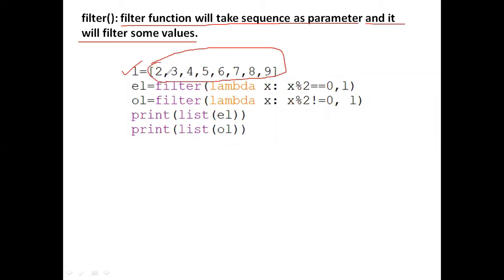These are the values we assign to a list L. Now I want to filter all the even numbers in a list and all the odd numbers in a list. How? By using filter, and in brackets you specify a condition. Here I specify the condition with the help of a function.